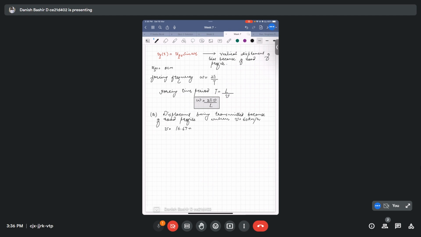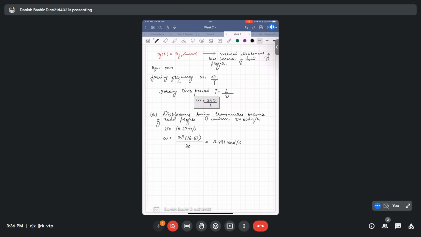Easy to convert that. So our omega will be equal to 2 pi times 16.67 over the span L, already 30 meter. Everything is consistent so far, units are considered. It will be 3.491, approximately 3.5 radians per second.